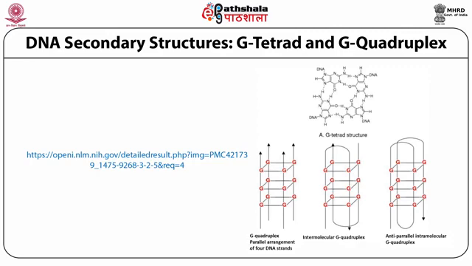So the first example is a G quadruplex involving 4 DNA strands in parallel arrangement. In the second type of G quadruplex, 2 DNA strands come together and form an intermolecular G quadruplex. Also, there are examples where you have a very long polynucleotide DNA chain, and that can come and form an anti-parallel but intramolecular G quadruplex.